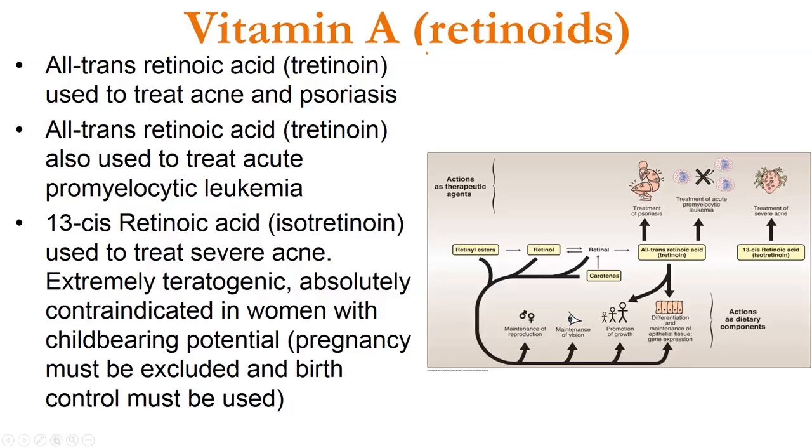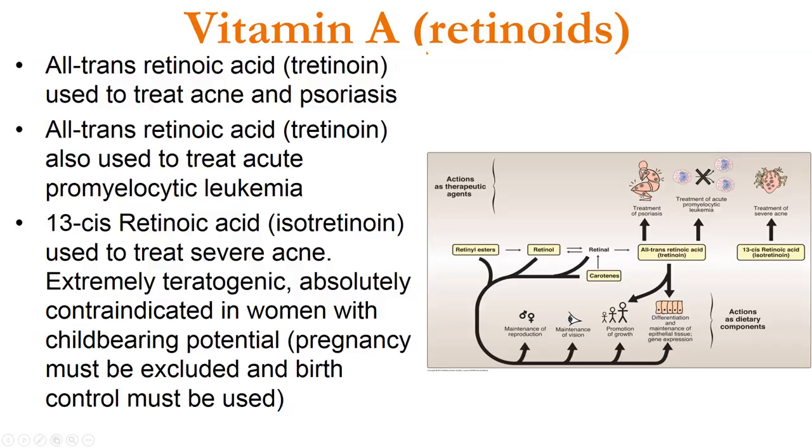Because, as I already told you, vitamin A is extremely teratogenic, you don't want to give too much to a pregnant woman, and this drug is absolutely contraindicated in women of childbearing potential.